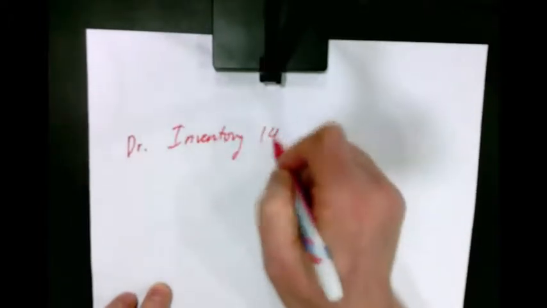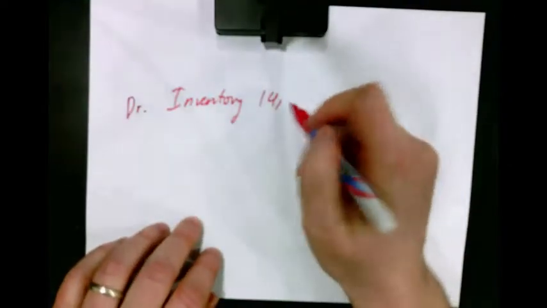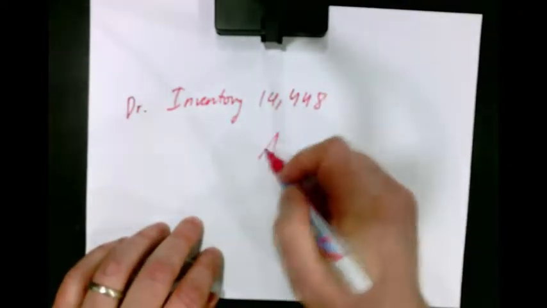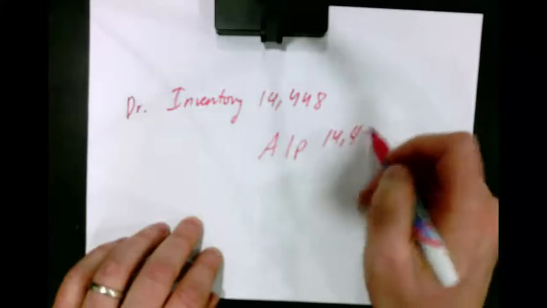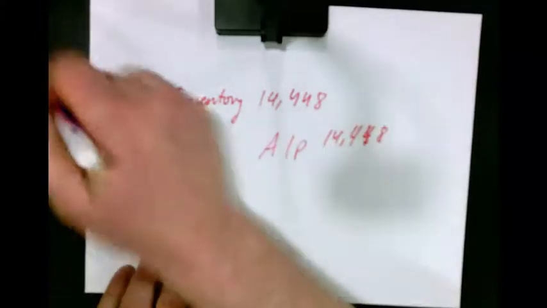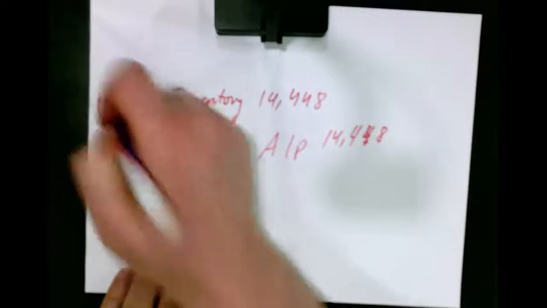You debit inventory for 14,448, and you credit accounts payable for 14,448. So that will be our first transaction.